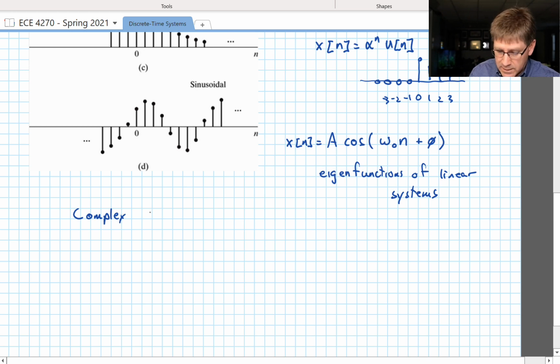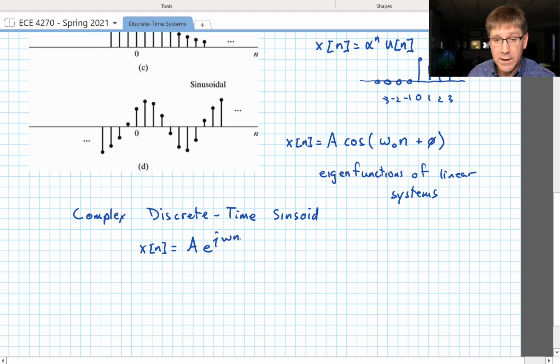Finally, everything we've looked at so far has been real valued, but having complex valued signals turns out to be very useful. And so in this case, we might define x of n equal to some amplitude A times e to the j omega n.